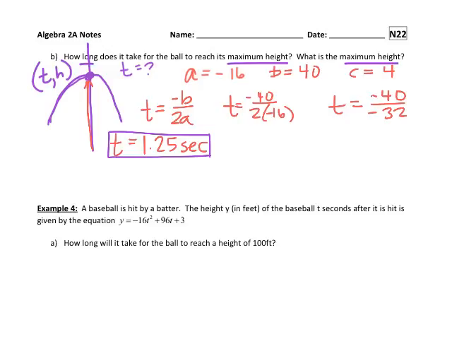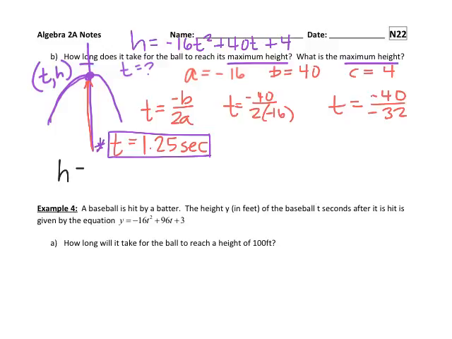So I'm going to take my t value and plug it back into the original equation. The original equation from the previous page was negative 16t squared plus 40t plus 4. So each time I see t, I need to plug in my amount of time, which is 1.25. So let's go ahead and do that.